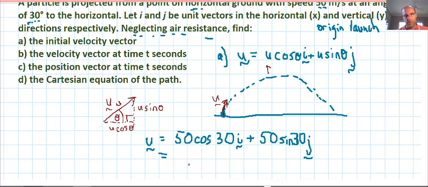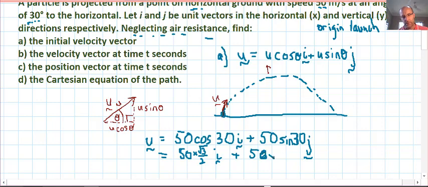So it's 50 times root 3 over 2. You could write that out in full, but you don't really need to, you should be fluent here. 50 times root 3 on 2 i plus 50 times a half.